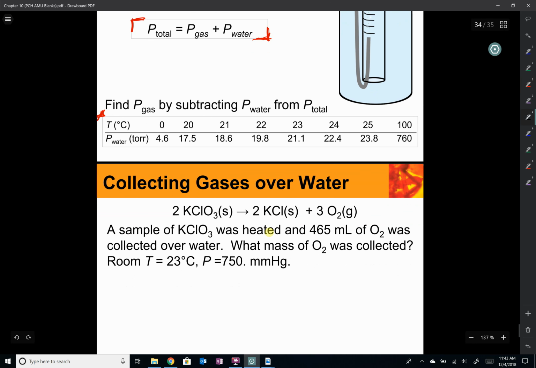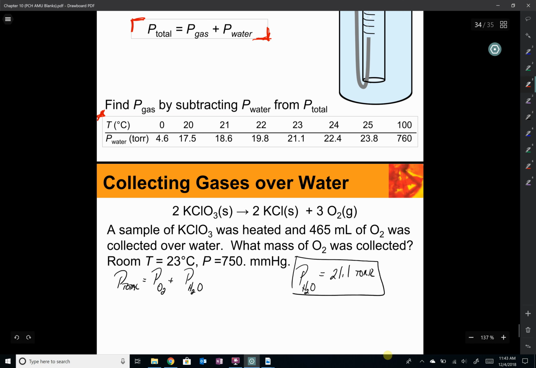So P total is equal to the pressure of O2 plus the pressure of H2O. We already know the pressure of H2O is 21.1 torr.